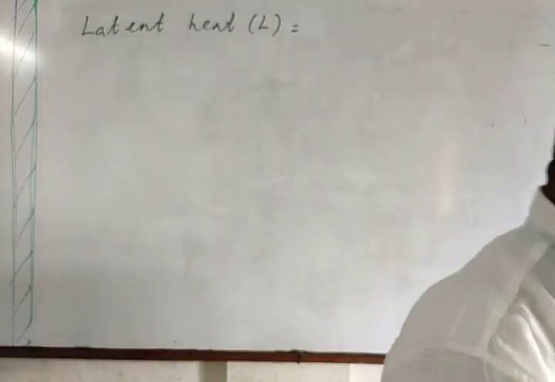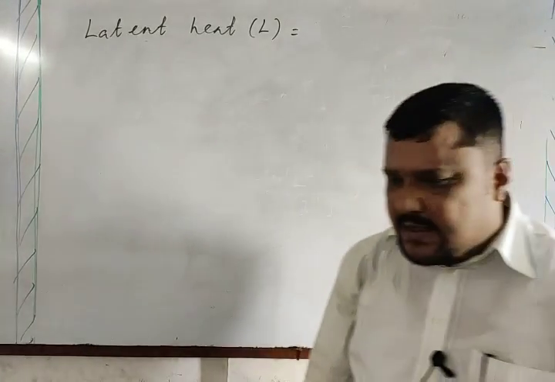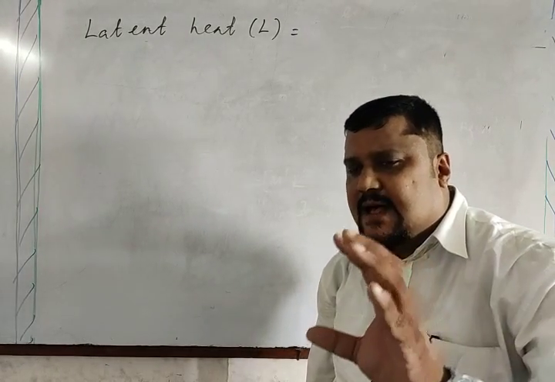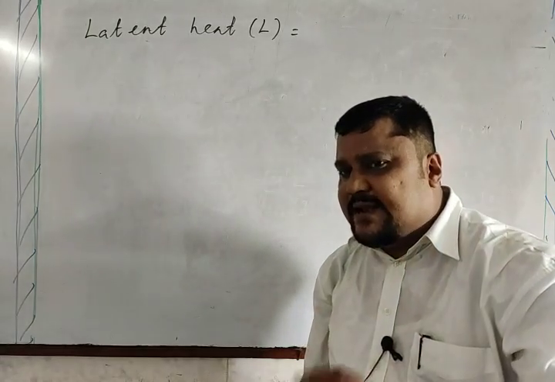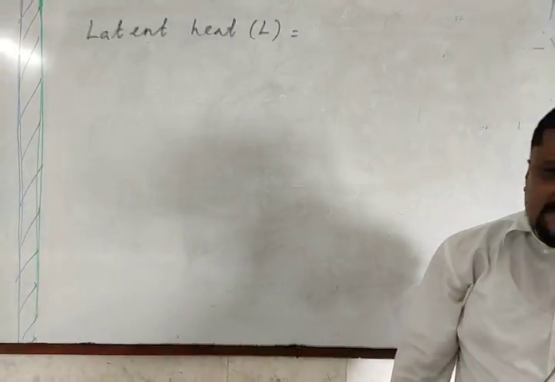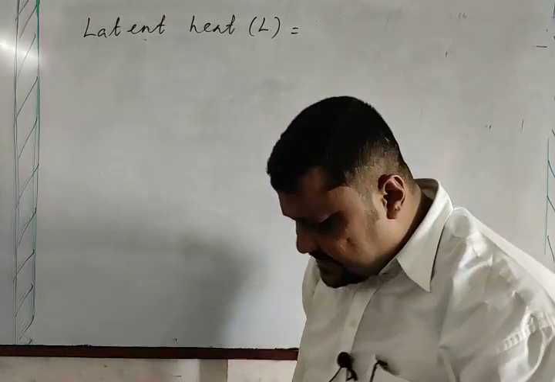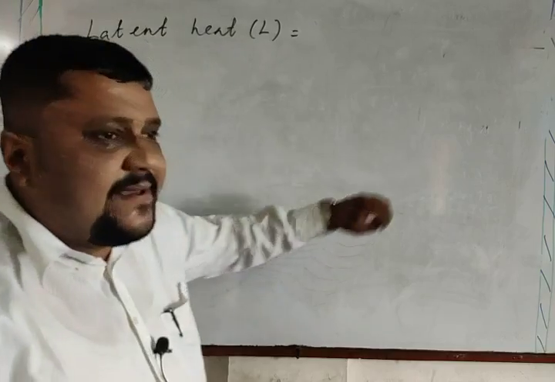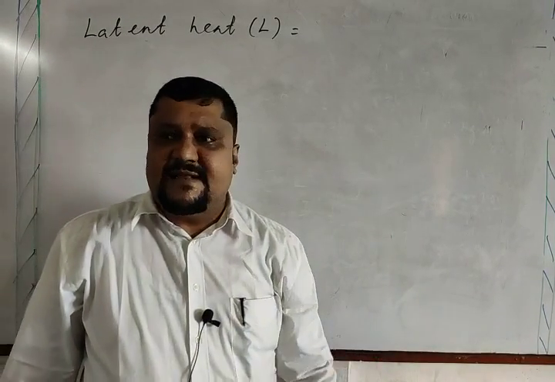If the ice is at minus 5 degree centigrade, at 0 degree centigrade the ice changes its state to water. When solid changes to liquid, some heat is given, but there is no rise in temperature.